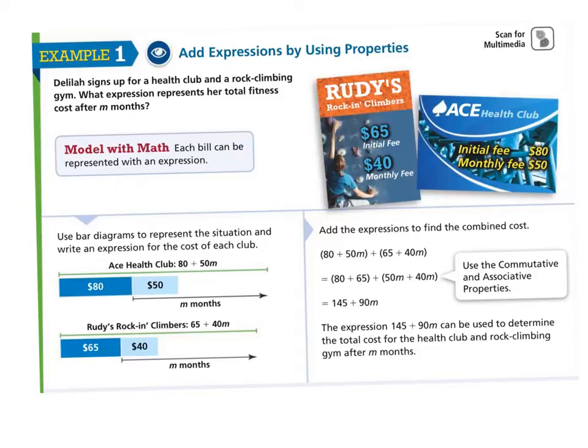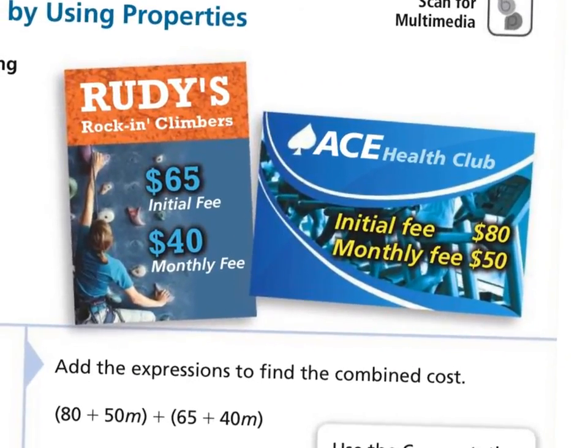So if we look at example 1, Delilah signs up for a health club and a rock climbing gym. What expression represents her total fitness cost after M months? So if you'll notice, if we look at their costs here, we have initial fees and monthly fees. Initial fees, a lot of times may be a one-time fee, like when you first join something.